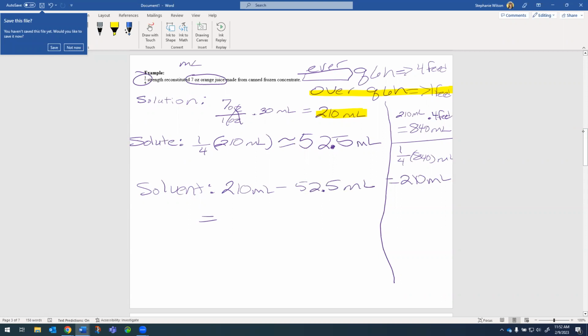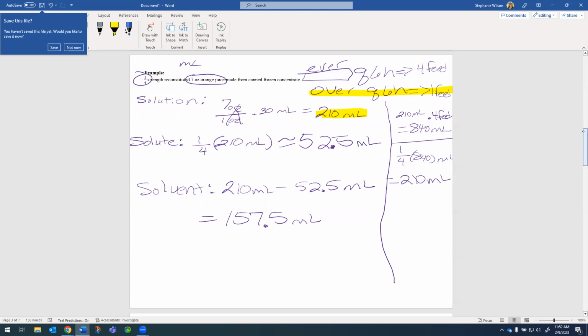And that gives me a total of 157.5 milliliters. So that's how much water we want. We want 157.5 milliliters of water, and we're going to have 52.5 milliliters of solute, of the orange juice. We're going to mix it together to give me a grand total of 210 milliliters. That's over a period of time.